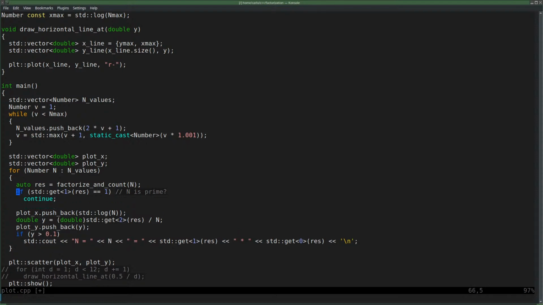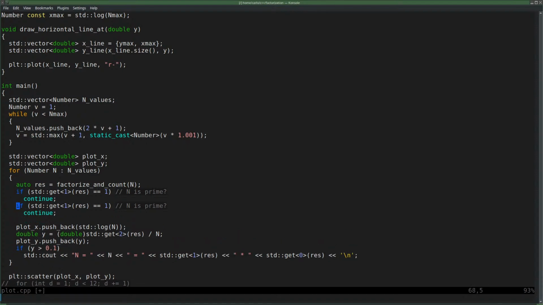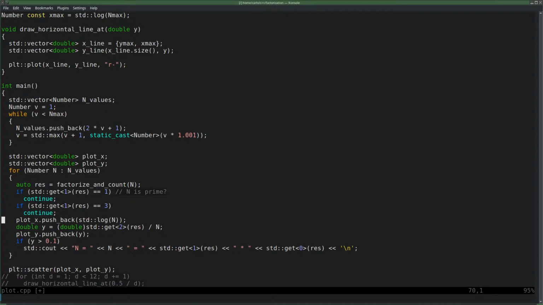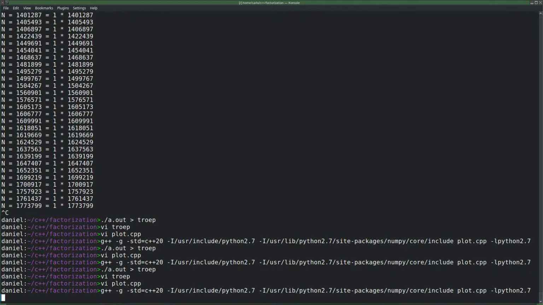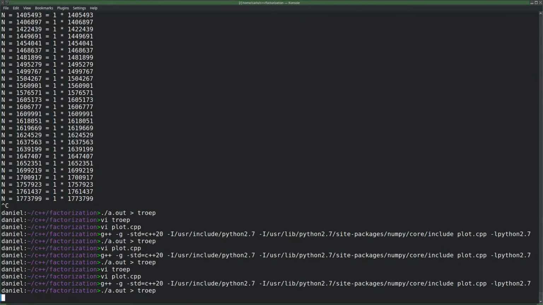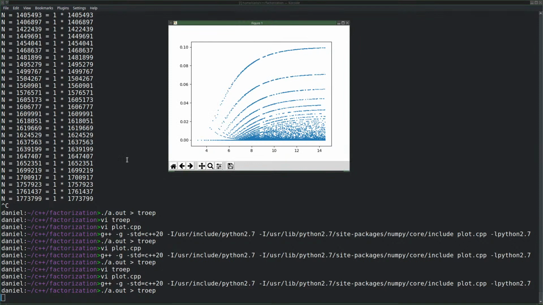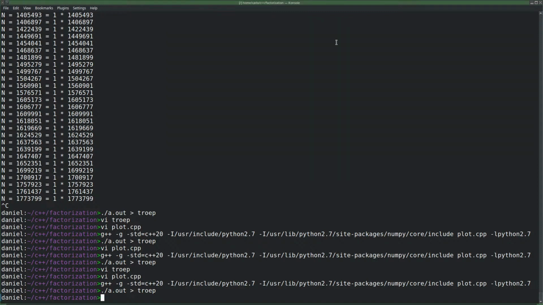So let's do, if the smallest factor is 3, then I don't want to see it. And in order to get all of these, we want to look at, I guess, 0.08 or something like that.